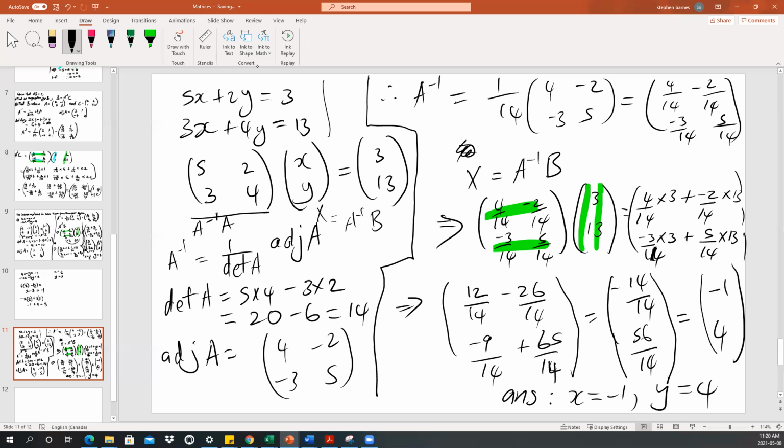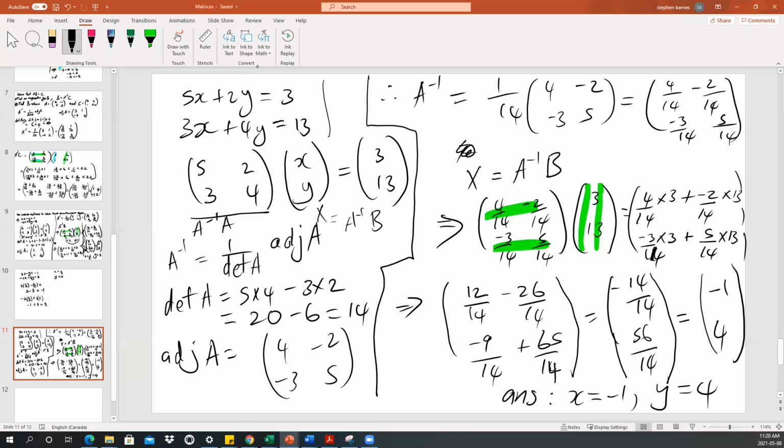We can do a quick check right here. So we can mentally check it. If x is minus 1, we get minus 5 here. And if y is 4, 2 times 4 is 8. So we have minus 5 plus 8, so we get 3. So we're good.